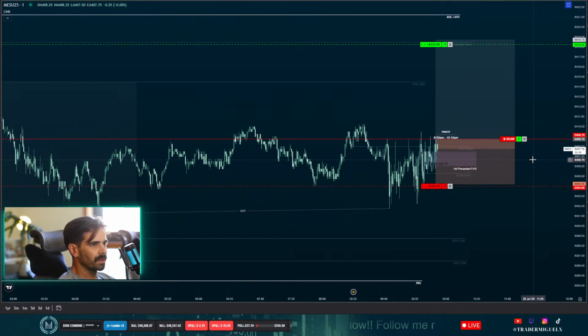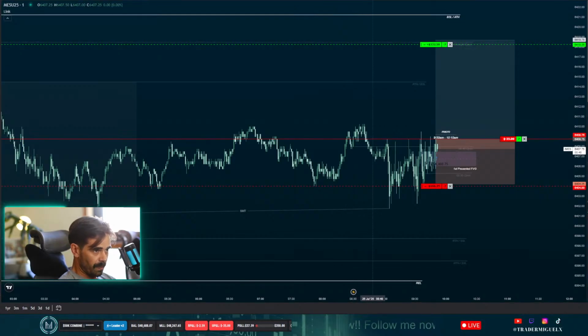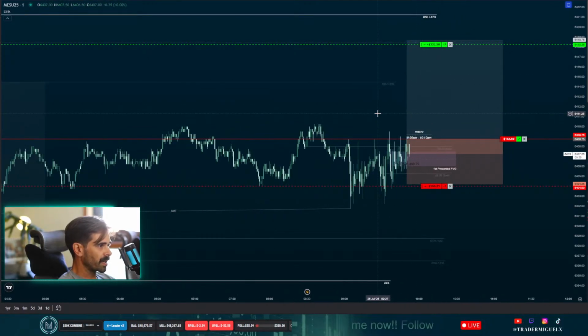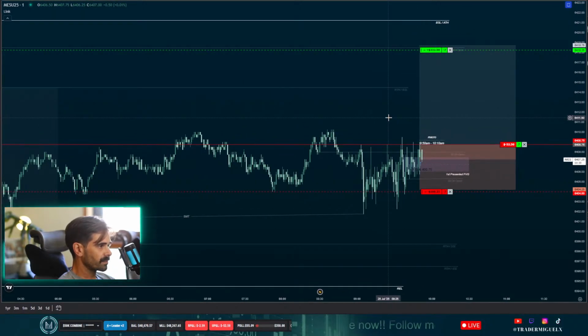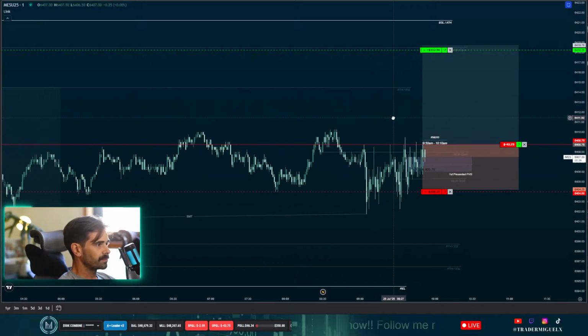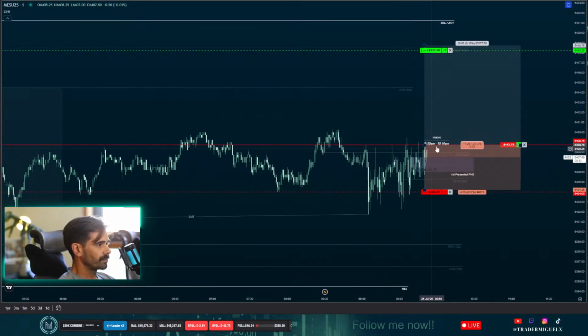Let's see how this develops. I believe at this point we can eventually see buy side, sell side liquidity here on ES. But I need to see price staying above 830 open.